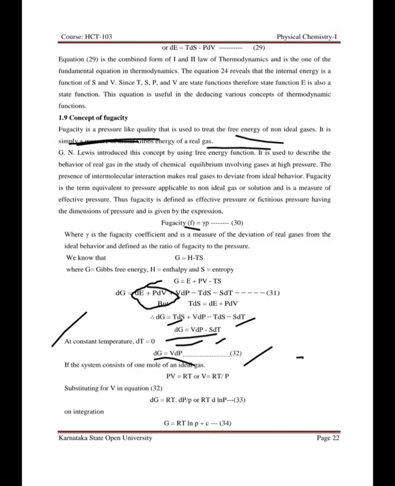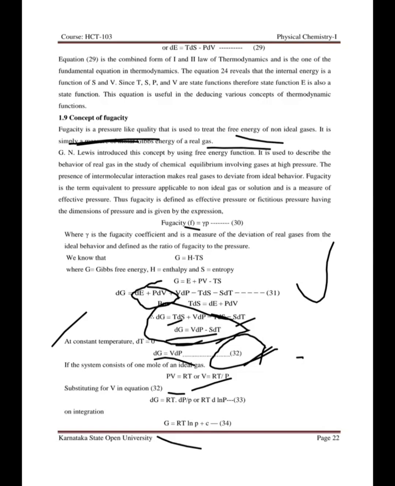So substituting the volume in equation 32, PV is equal to RT and V is equal to RT by P. Wherever V is present, we are going to substitute RT by P. That is the equation 33. Further, on integration, we are going to get G is equal to RT ln of P plus C.